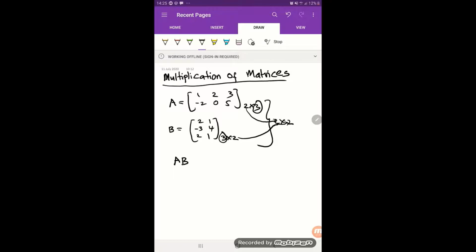Let's say matrix A times matrix B. You rewrite matrix A and matrix B. So the answer, how to do the process: the first row of matrix A multiplies the first column of matrix B. That means 1 times 2 plus 2 times negative 3 plus 3 times 2.